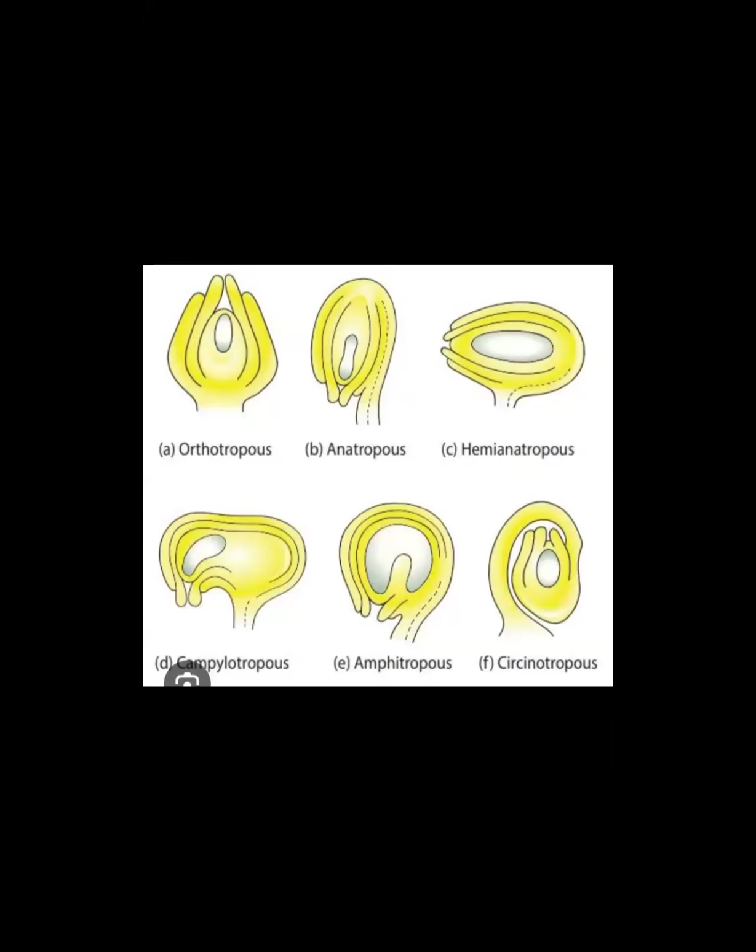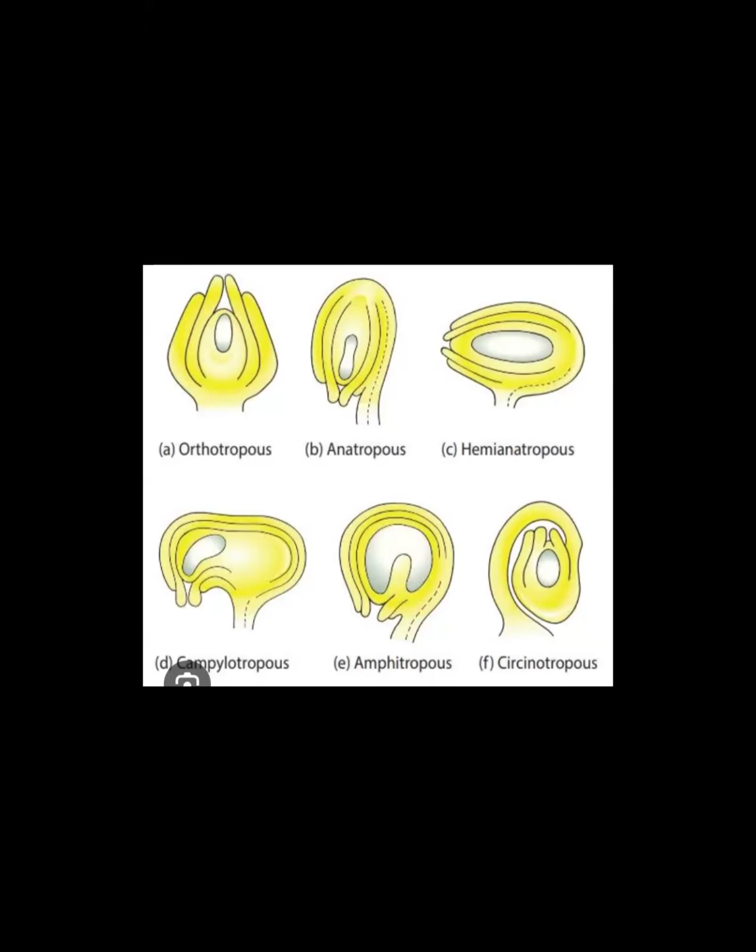See here, what is that? Anatropous ovule, the second one. Why is it arranged in a cross line? Because due to unilateral growth of the funicle, the whole body of the ovule is inverted through 180 degrees.